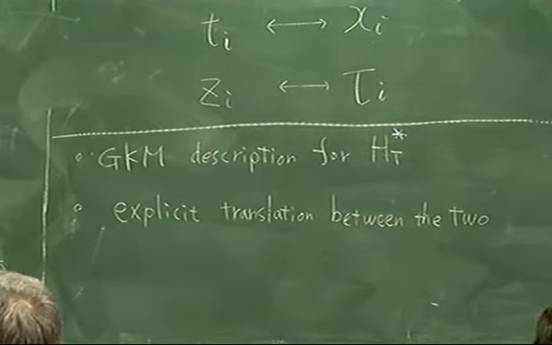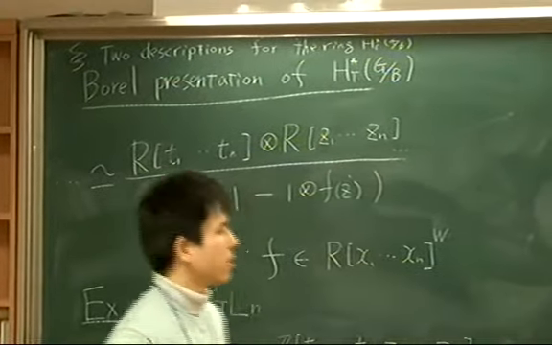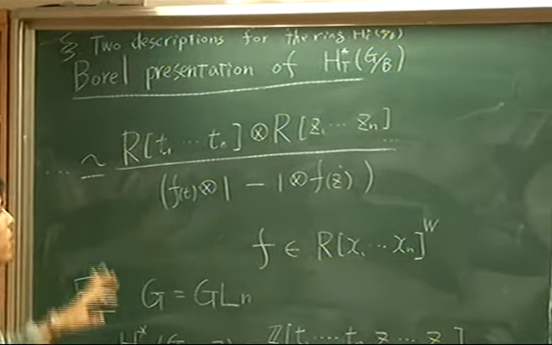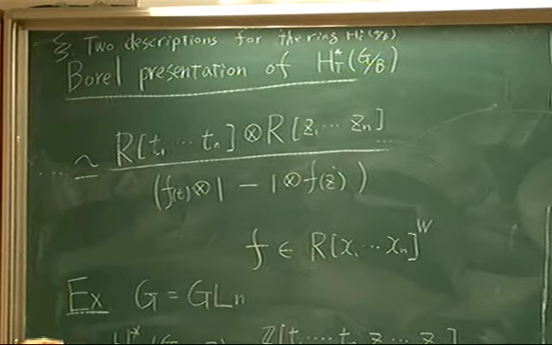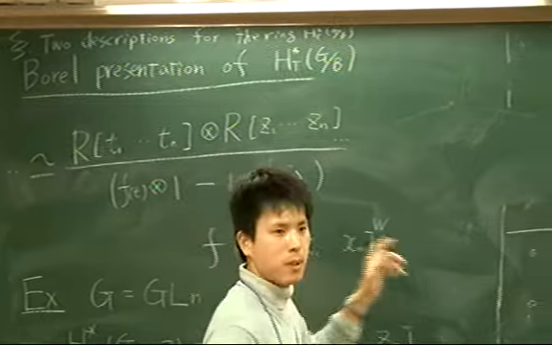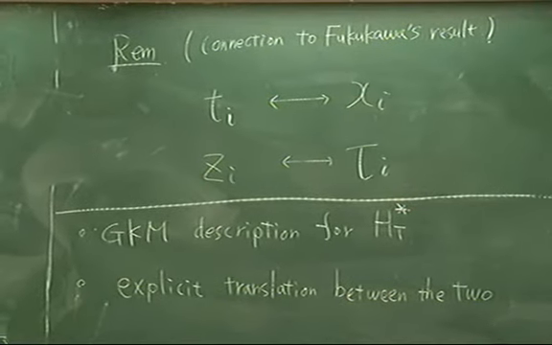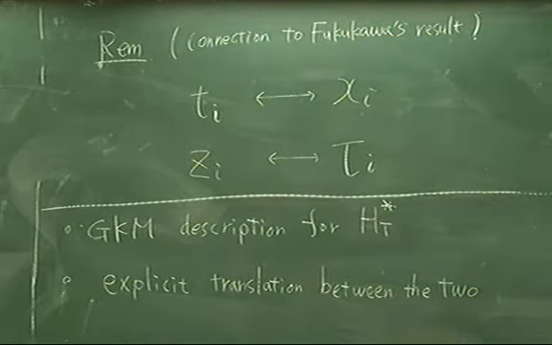So for question 2, this is the ideal place to consider question 2, and actually we can solve question 2 here. And for question 1, how to find a polynomial representative here, we can give some combinatorial condition for the representative. Then, using this explicit translation, we can find a polynomial representing the Schubert class.